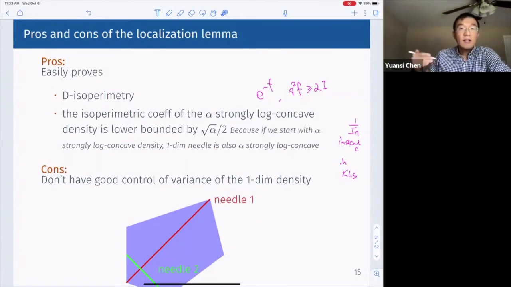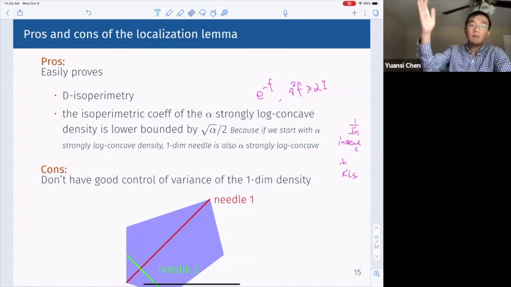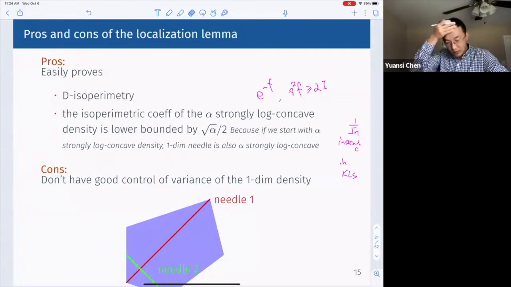And the variance of the high-dimensional density is not precisely related to the variance of the one-dimensional density. They might not be of the same order in terms of the dimension. So you have some uniform distribution in high dimension, and you don't have much control of how the needle ends up, because at each iteration you find a point, you rotate, and you don't try to control this process.